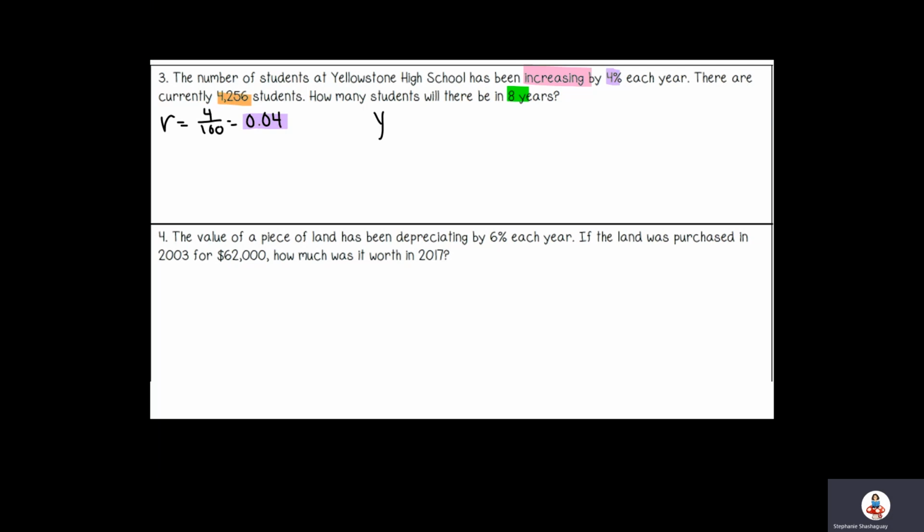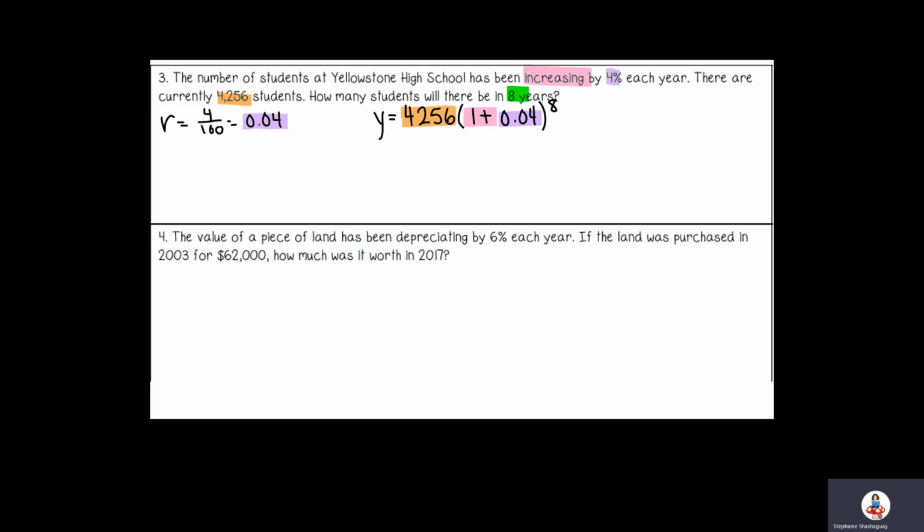So I'm going to have y is equal to 4,256, because that's my initial amount, multiplied by 1 plus, because I'm increasing, 0.04, my rate, to the 8th power.